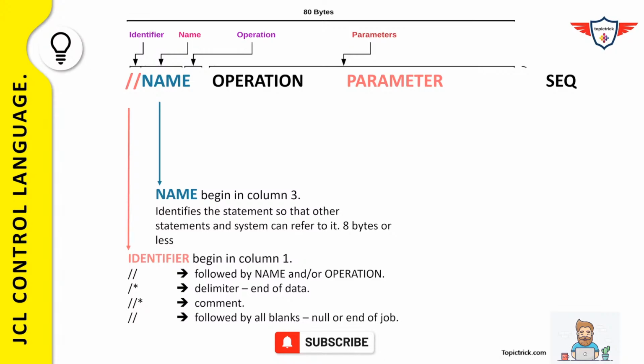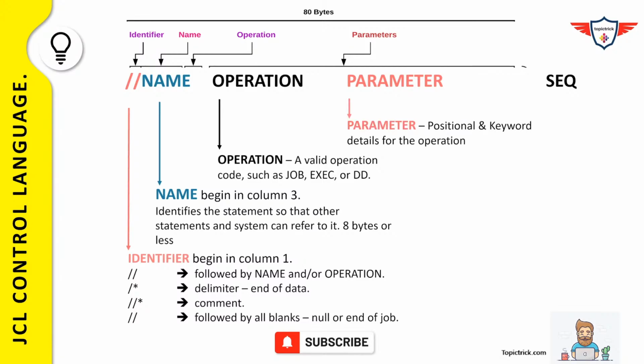The next field is the operation field, and this field is used to specify a valid operation code such as JOB, EXEC and DD, for the job card, execute statement and DD statement. The next field is the parameter field, and it is used to specify the parameters based on the operation field.